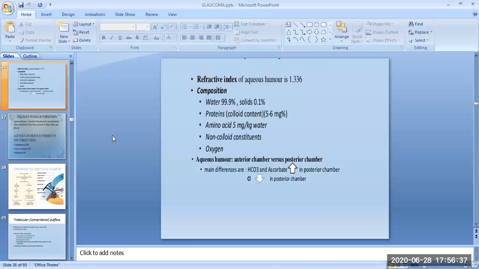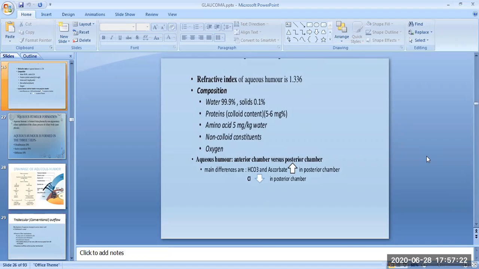The aqueous humor of anterior chamber is different from the aqueous humor of the posterior chamber. The compositions differ, and the main difference is that the bicarbonate in the posterior chamber aqueous is higher than in the anterior chamber, and the chloride concentration in posterior chamber is lower than in the anterior chamber.